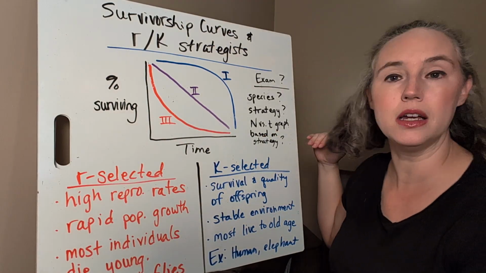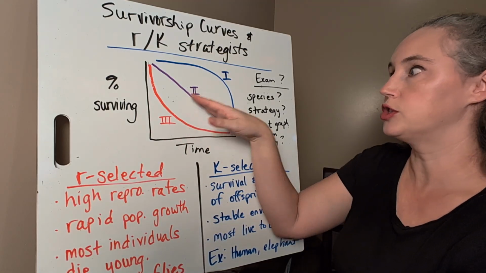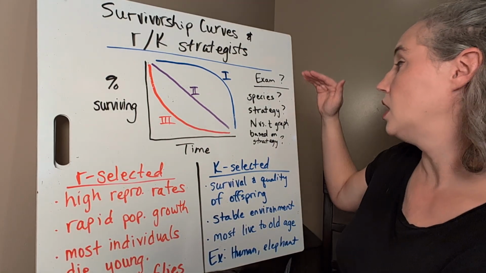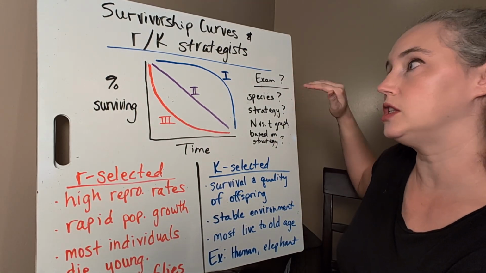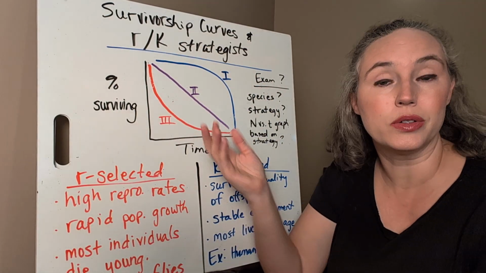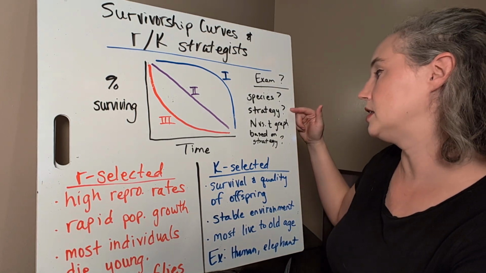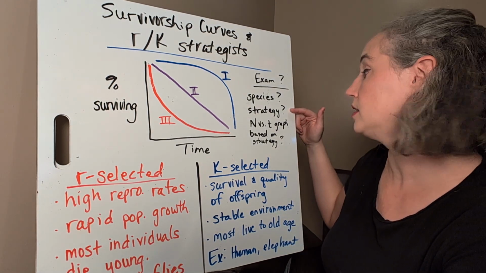Now, on the exam, it could ask you, what kind of species shows each of these types of curves? Or what strategy does somebody showing one of these curves have? It may just give you one of those things on the graph. What strategy does it have, R or K selected?